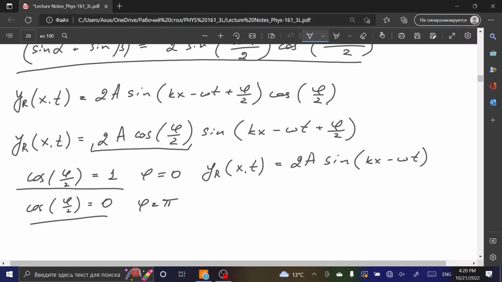So when they overlap and their amplitudes are the same, that will result in y r of x and t equal to 0, which means there will be no wave anymore, because these two waves came into interaction and superposition in opposite phases with identical amplitudes. They cancel each other, and that will be so-called destructive interference. We do not get any resultant wave.